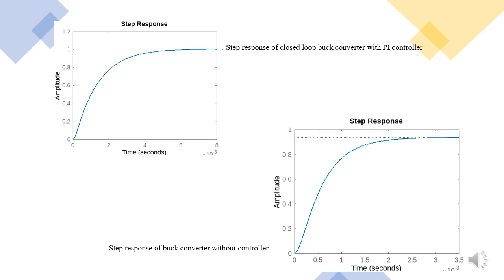Although MATLAB provides various tools and functions for controller tuning, such as the Control System Toolbox and PID Tuner, these tools offer automated methods and algorithms to assist in finding suitable values for Kp and Ki based on system analysis and performance criteria.